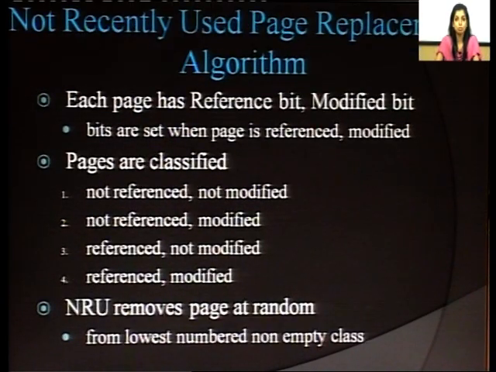Not recently used page replacement algorithm: that means a page that is not recently used, but used later on, can be replaced. Pages are classified as not referenced, not modified; not referenced, modified; referenced, not modified; referenced and modified. So, in not recently used, remove a page at random from the lowest numbered non-empty class.